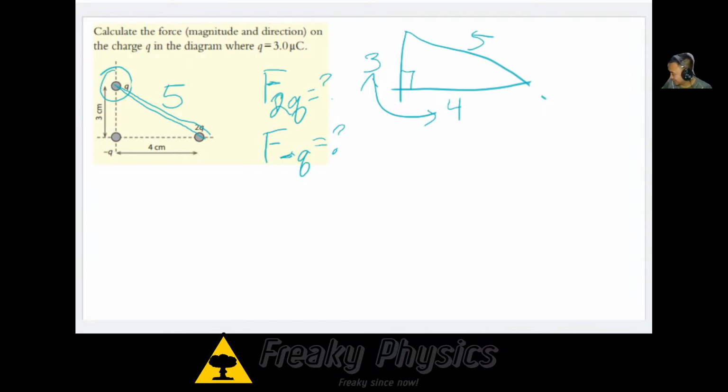You said 2q squared earlier, because you're multiplying q and 2q. So you're gonna have to do the same thing, multiplying q and negative q. So what's that gonna give you? Negative q squared. Oh, yeah. All right. Sorry.